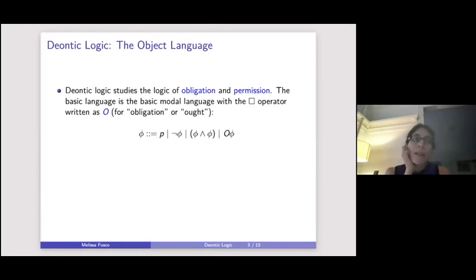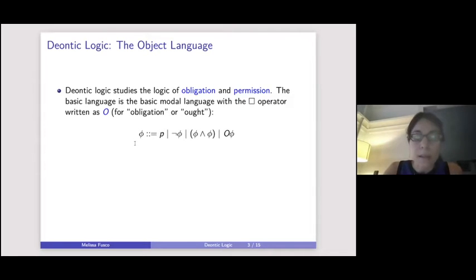Okay. So let's talk quickly about the object language. Deontic logic studies the logic of obligation and permission, so moral or more generally deontic concepts, as you might expect them to appear, for example, in legal reasoning. The basic language is a basic modal language with the box operator written as O for obligation or for ought.